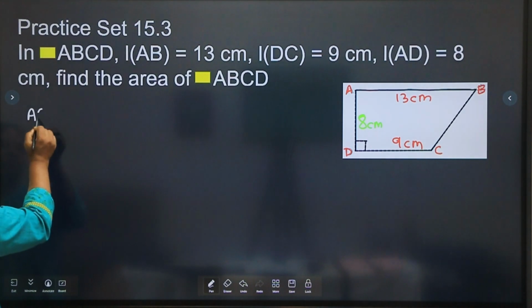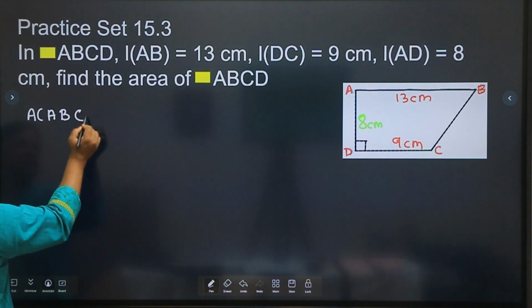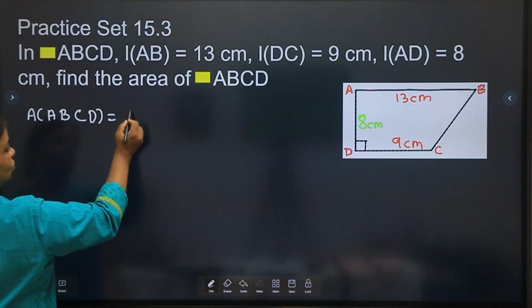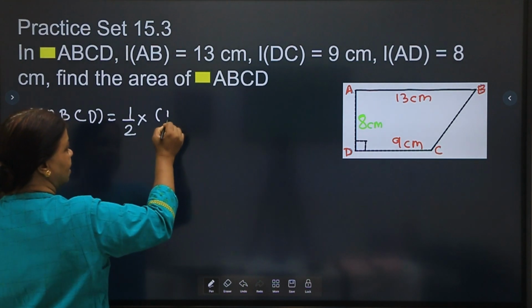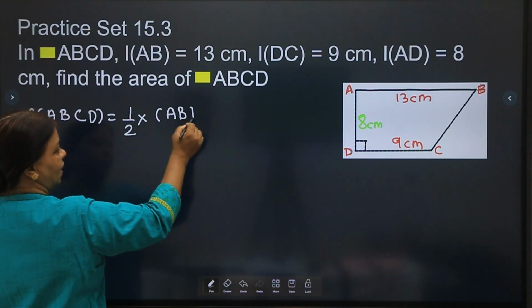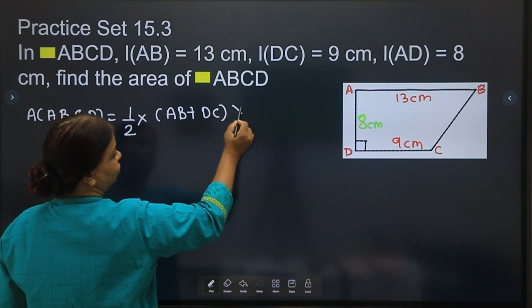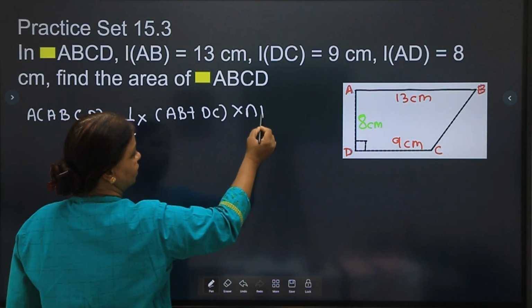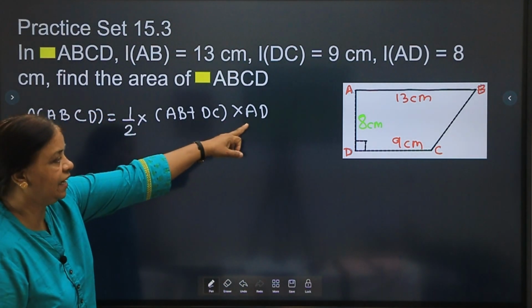Area of ABCD is equal to half into AB plus DC into AD. AD is the perpendicular height, so we will be using AD as height.